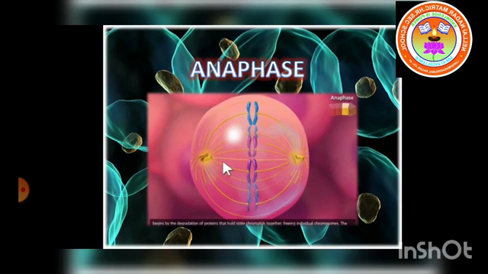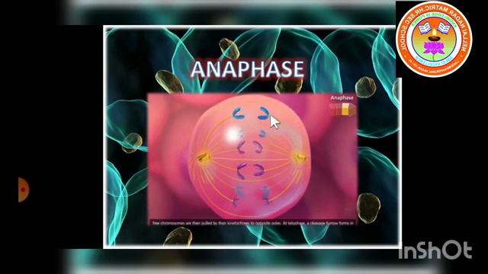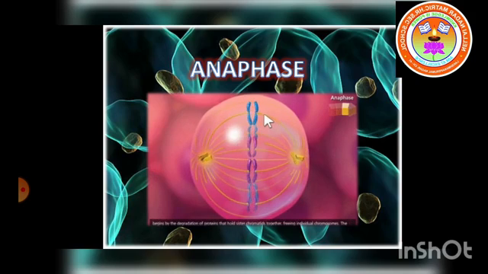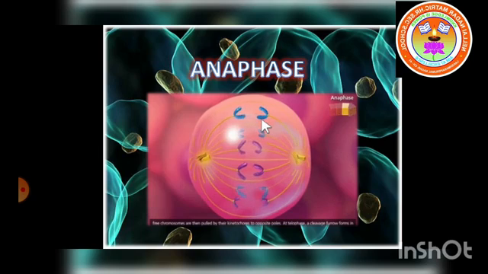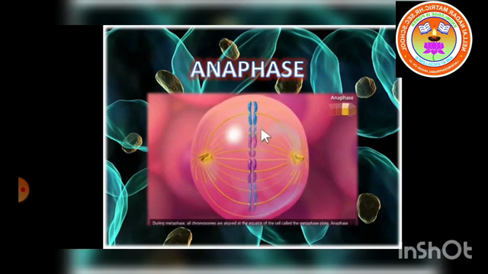What happens here? This is the centromere. The centromere attaching the two chromatids divides, and the two daughter chromatids of each chromosome separate and migrate towards the opposite poles.